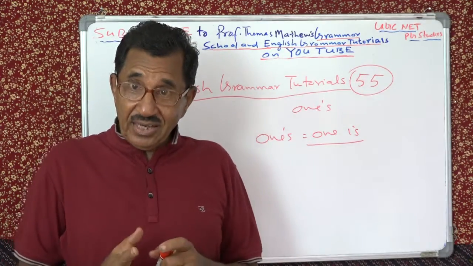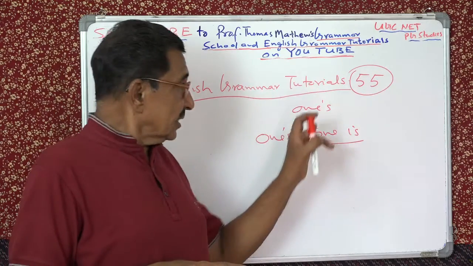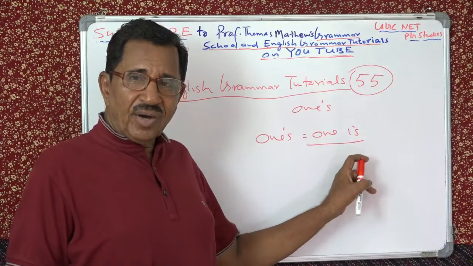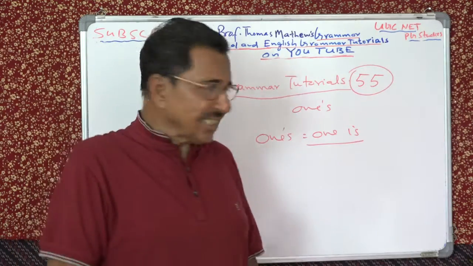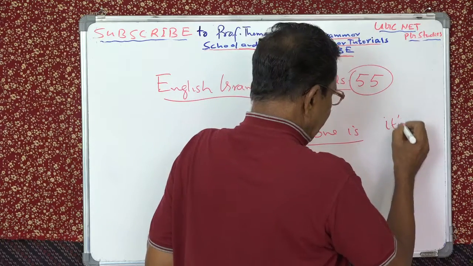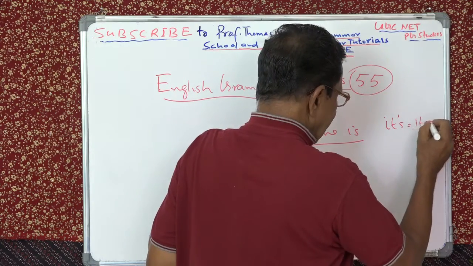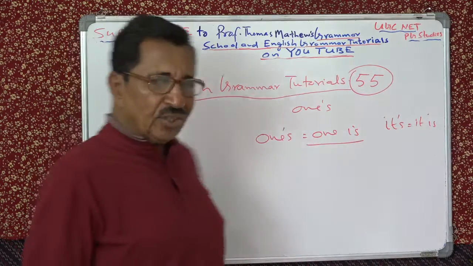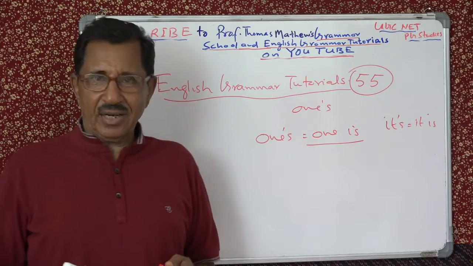Here it means one is, like it's. It apostrophe s is it is. Understand? Yes. One is to stand on one's own leg.